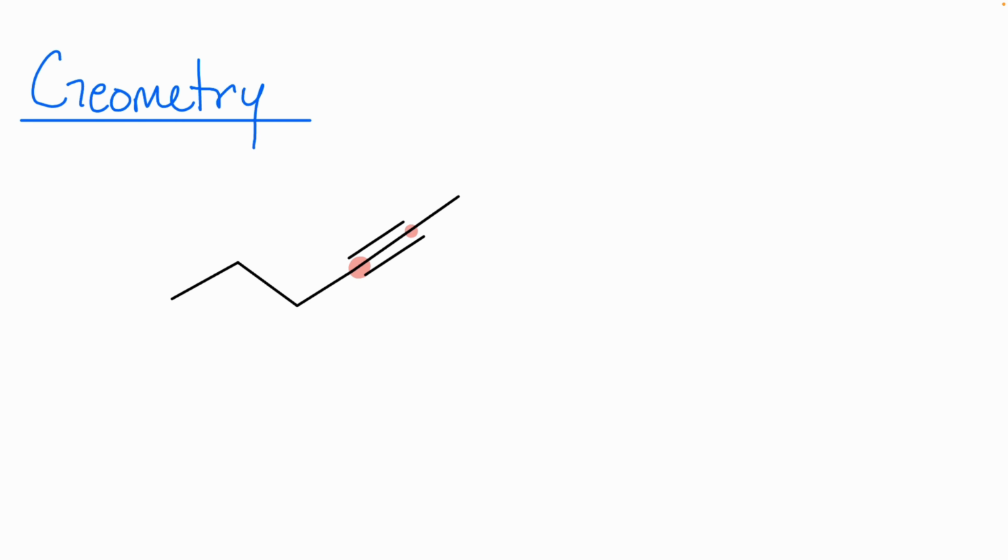Again, these are sp hybridized carbons, meaning they're linear. So I'm going to draw not only that carbon-carbon triple bond in a straight line, but also the other two bonds. All four of these atoms lie in a straight line.